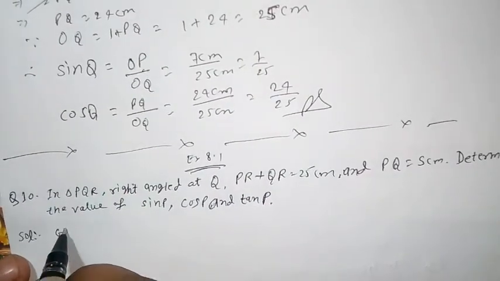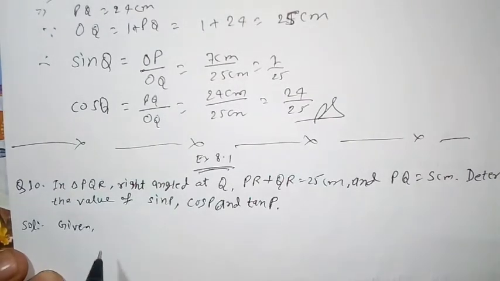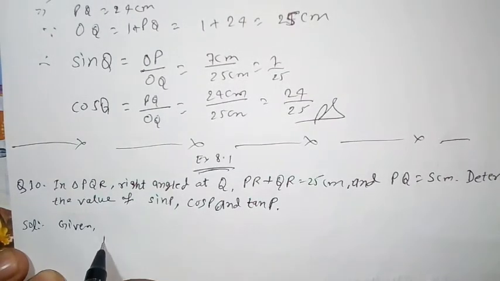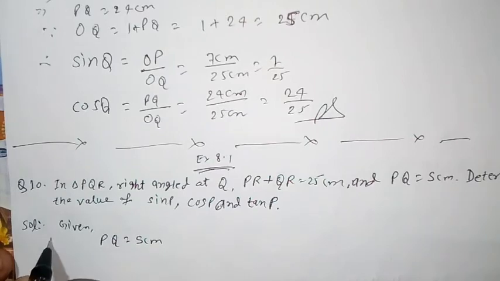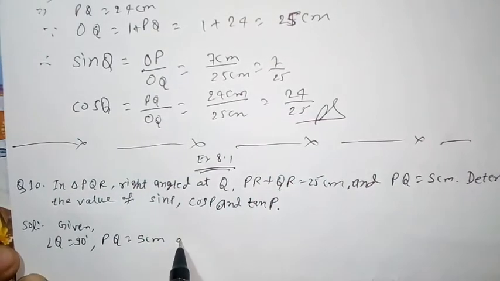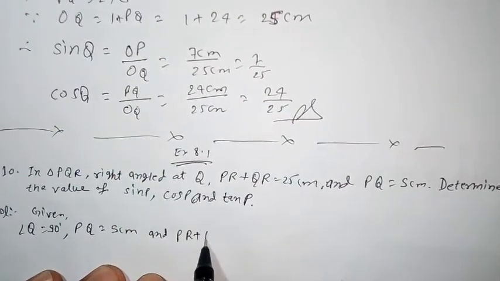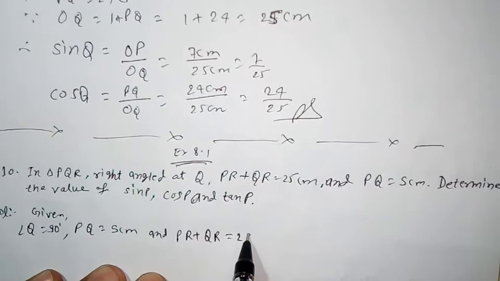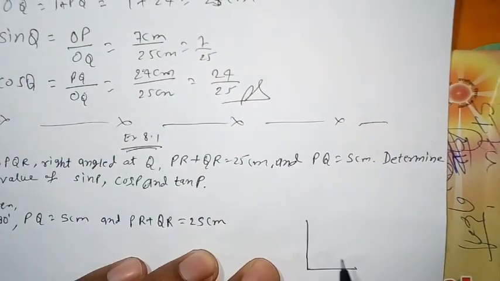Given PQ is equal to 5 centimeter, angle Q is equal to 90 degrees and PR plus QR is equal to 25 centimeter. Draw the triangle.